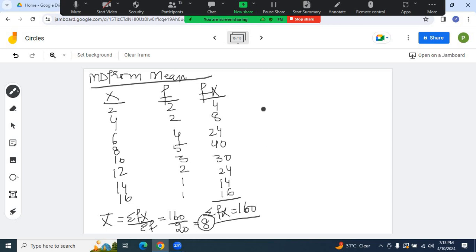8 is the mean. Now once I have got the mean, it's very easy for me to find the deviations. Deviations will be x minus mean. Mean is 8.